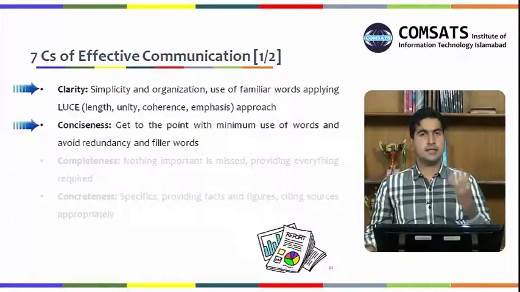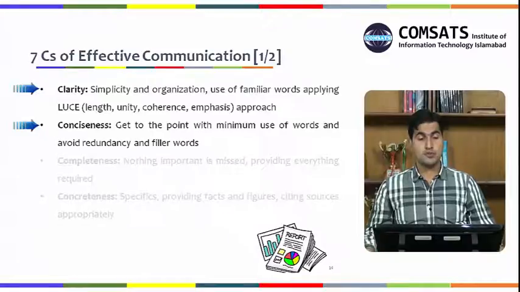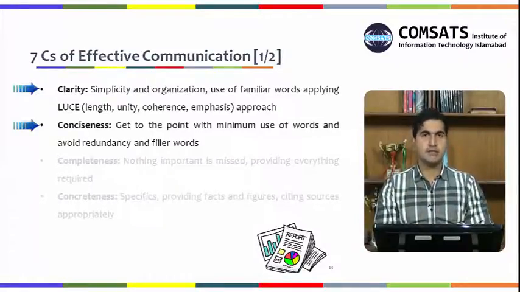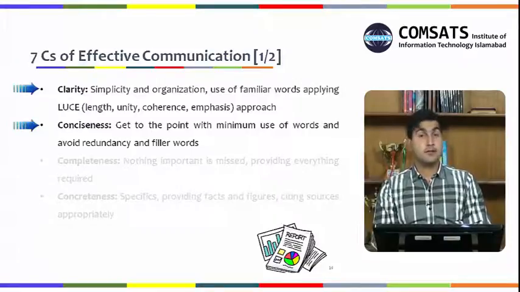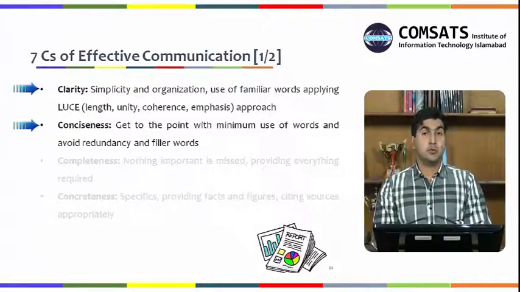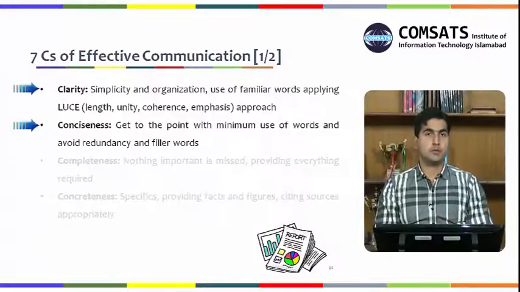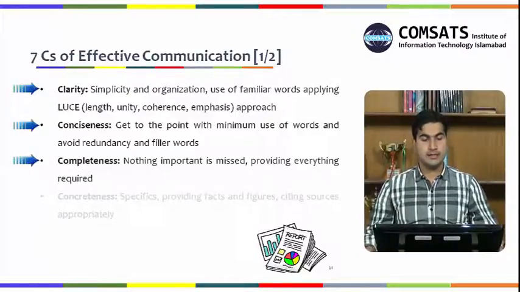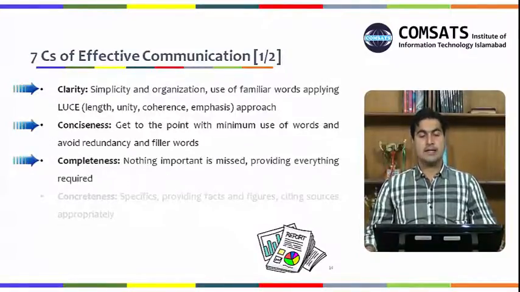Then you move ahead and keep things concise by getting to the point with minimum use of words and avoiding redundancy and filler words. I just gave you examples of redundant words and doubled words. These have to be avoided as well, as they violate conciseness. Then you provide a complete document, and completeness means nothing important is missed.